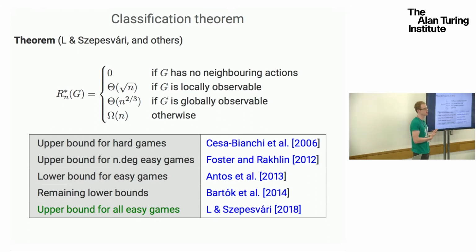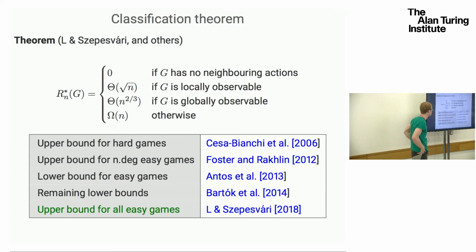So in this new work, we're proving basically that for easy, i.e. locally observable games with degenerate actions, indeed you live in this square root n region here. So this is the new contribution, as well as a bunch of simplifications of some of the existing results.